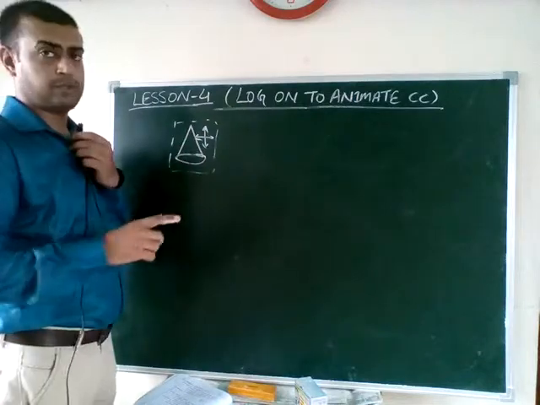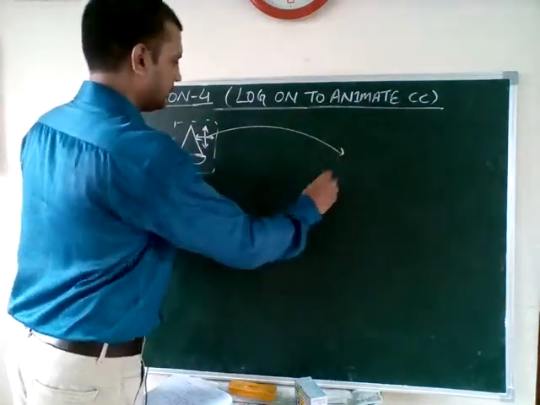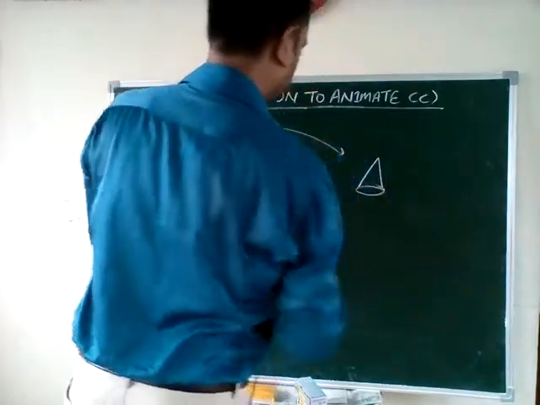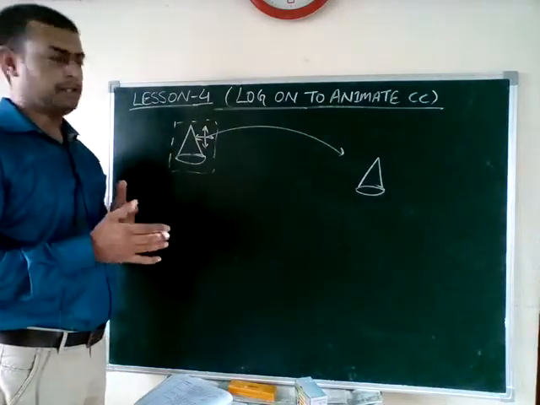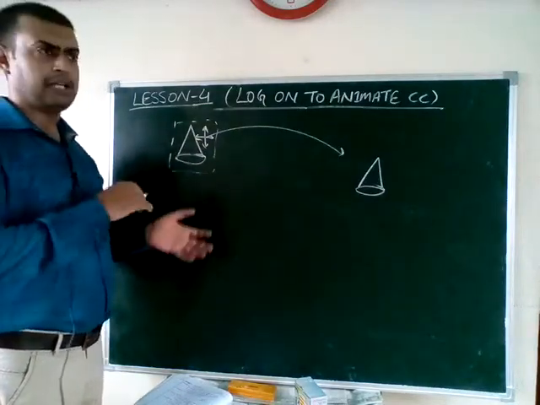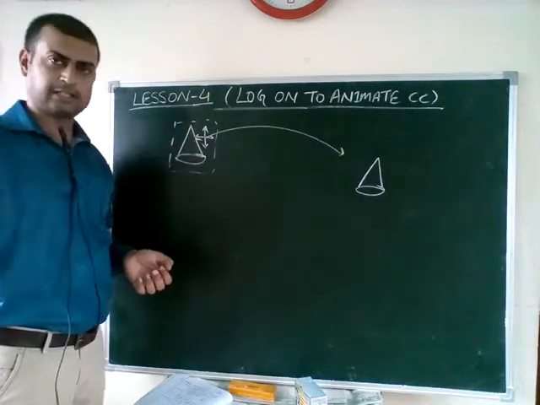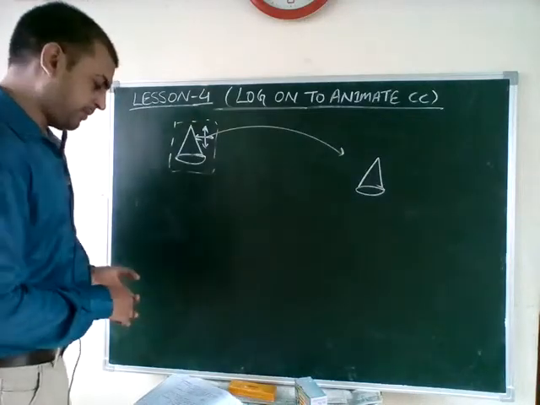Click your mouse and drag it, and wherever you want to move it, your shape will go that side. So this is the simple way to move your photo.